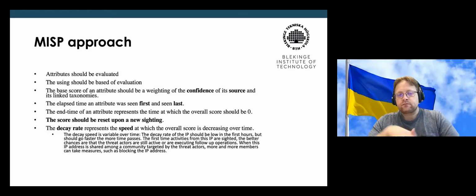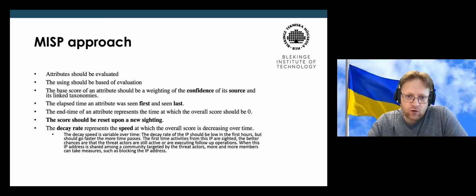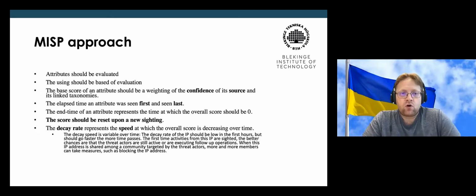Of course, sometimes indicators of compromise should be deleted, or let's say not taken for active correlation. From the MISP perspective, it should be done when the base score or quality of the indicator is equal to 0, or less than some value.